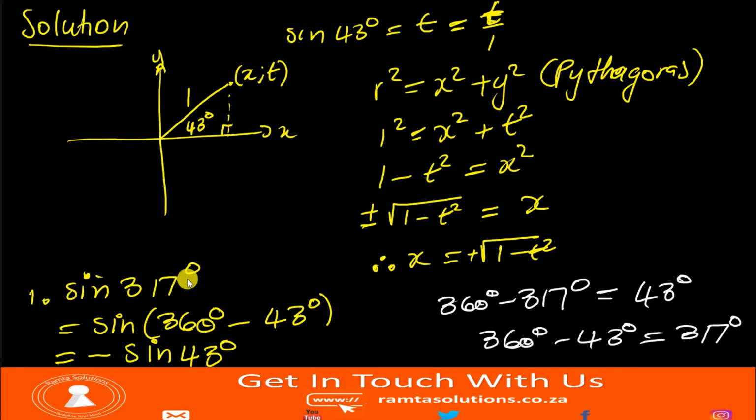All right. Sine 317, tell me what you got. Now, try negative sine 43. You will realize that the values are the same.